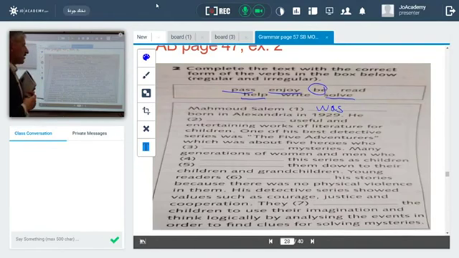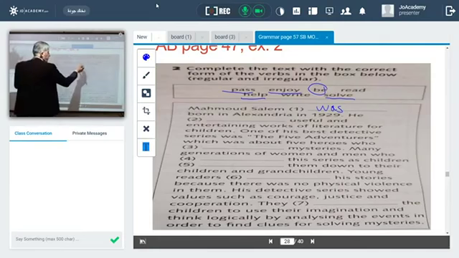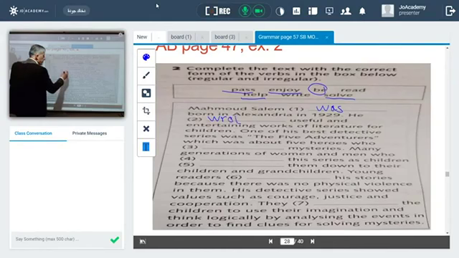He blank useful and entertaining works of literature for children. He made something for children. So he what? What do you think? He wrote. Good. He wrote.